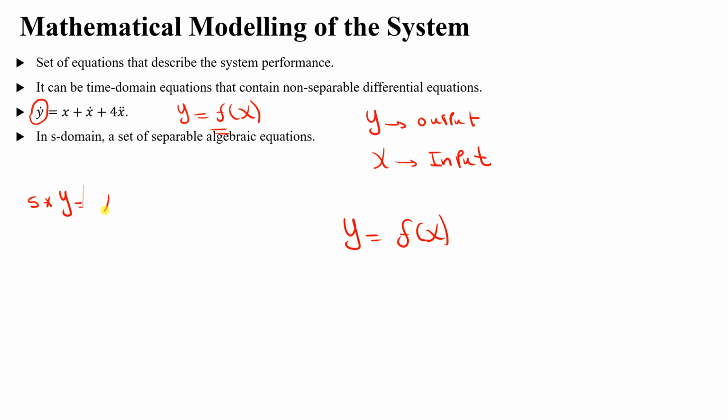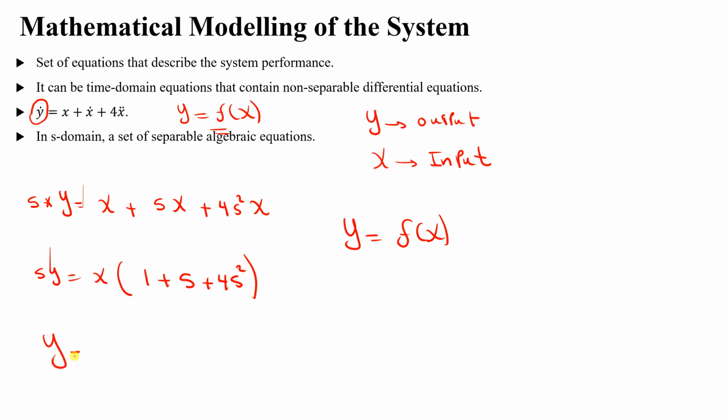We have x plus x dot, which is S multiplied by x, the derivative of x in the S domain, and the double dot is S square times x. So you can see that we can say Sy equal to, take x as a common factor, like this, 1 plus s plus 4s square. So we can say y equal to x multiplied by 1 plus s plus 4s square divided by s.